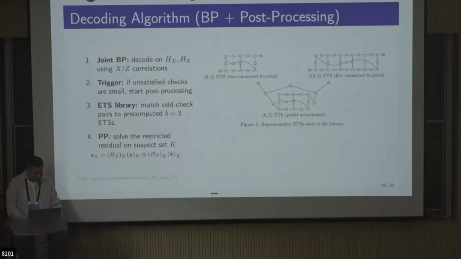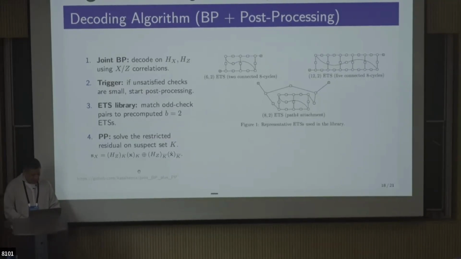So when BP gets trapped again, we look at the remaining unsatisfied checks. We compare their pattern with the entries in the ETS library. If the unsatisfied checks match one of the stored ETS candidates, we can identify the small suspect set K. The formula on the slide means that after the matching step, we do not search over the whole code.